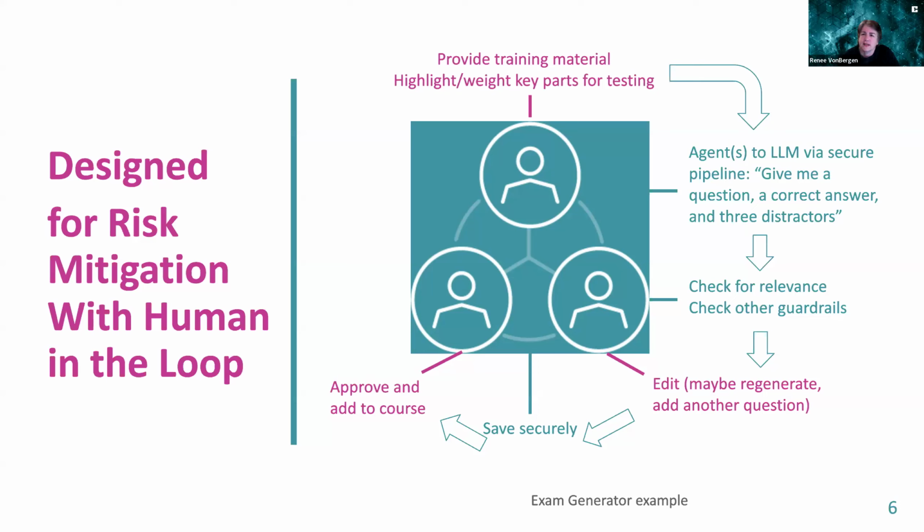So I've taken an example of something that happens within our product called Exam Generator. At the top there in magenta, you'll provide the training material. So you'll upload a document and say, these are the sections that I think are important.